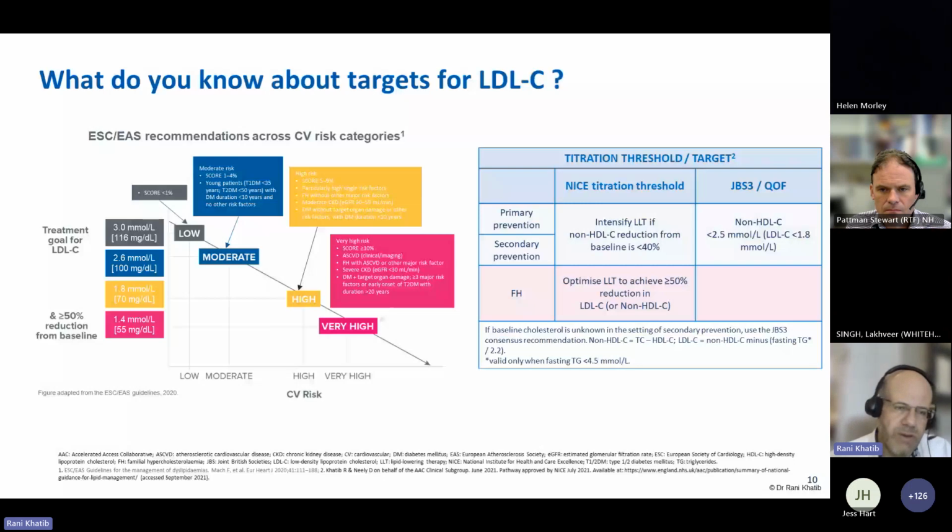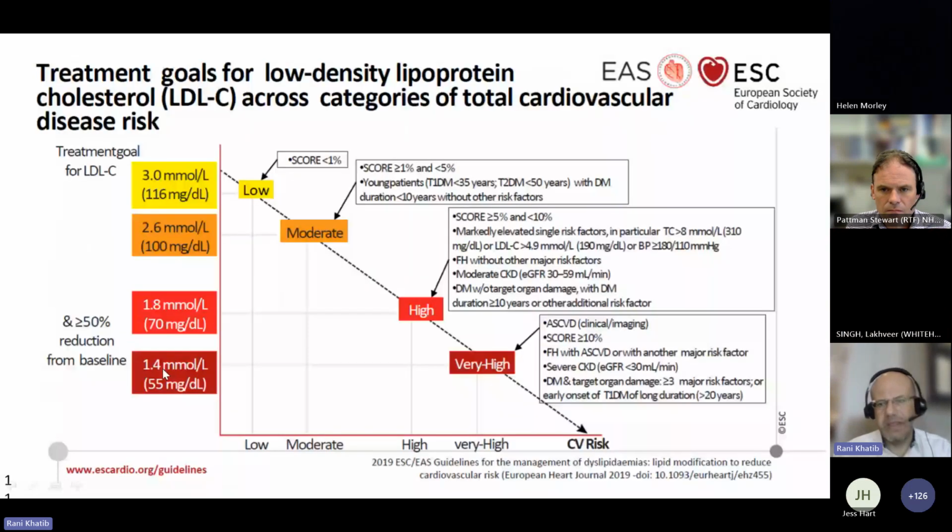And then on the left here, what you see is the ESC guidelines, which I'll talk about a little bit more, and which many clinicians seem to use as an additional element. Let me just highlight what this says. First of all, ESC says patients' risk of cardiovascular disease can be divided into four categories: low risk, moderate risk, high risk, very high risk.